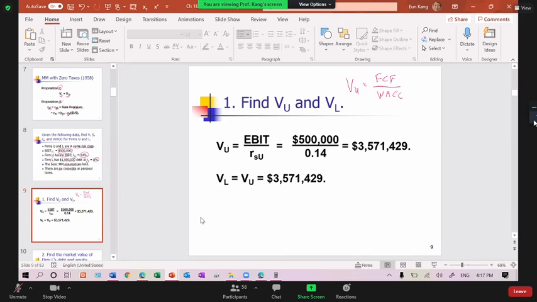But we assume no growth, g is 0, and no tax. So there is no EBIT times (1 minus T) because the assumption is no tax. So just EBIT over RSU. So 500,000 over 0.14 is 3,571,429. And VL is VU, so 3,571,429.